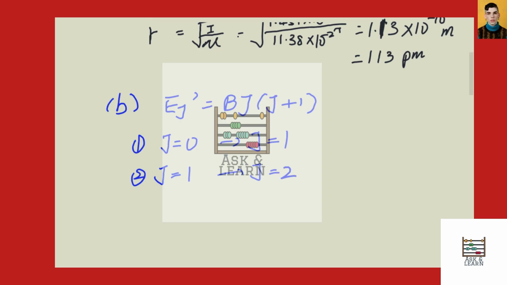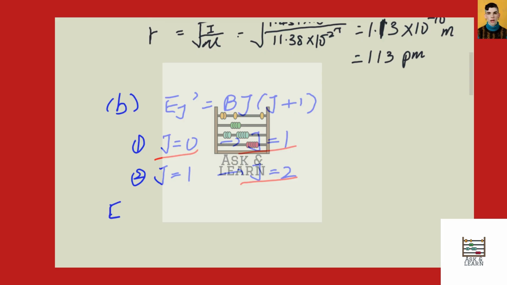In order to calculate the position of the lines, we need to first know the position of the energy levels for the ground state, the first excited state, and the second excited state. And now we can do the calculation.